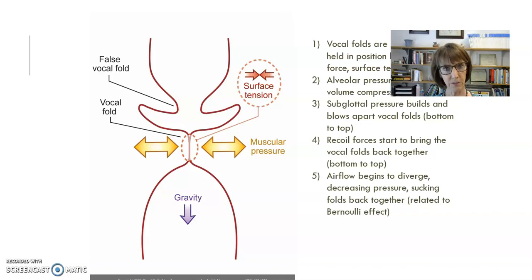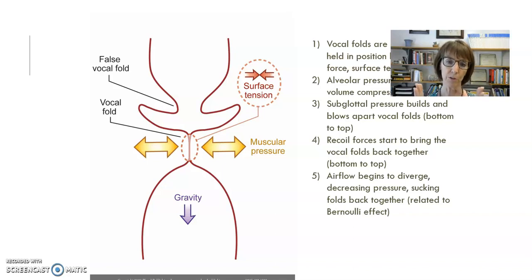And then the fifth part here is that I'm going to assume that you know and understand Bernoulli forces and the Bernoulli effect, which you probably learned about in physics. When the air moves more rapidly through that area, it creates negative pressure.